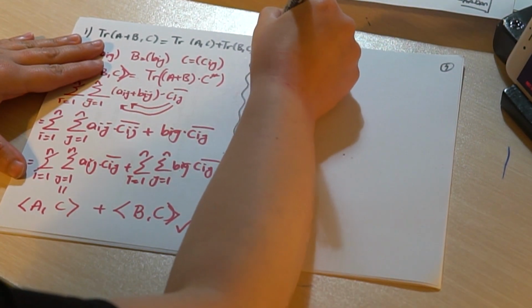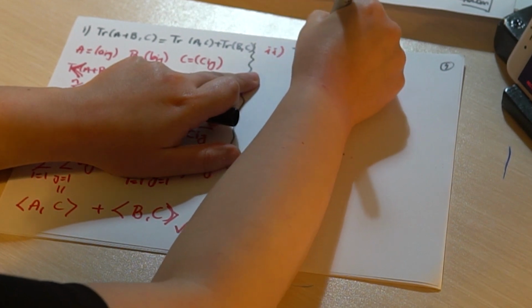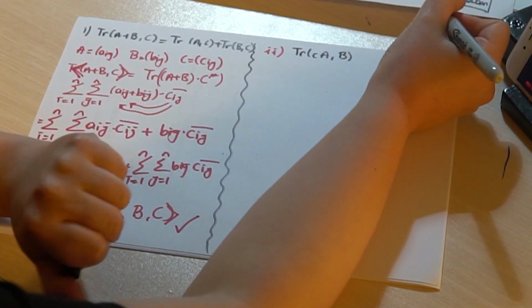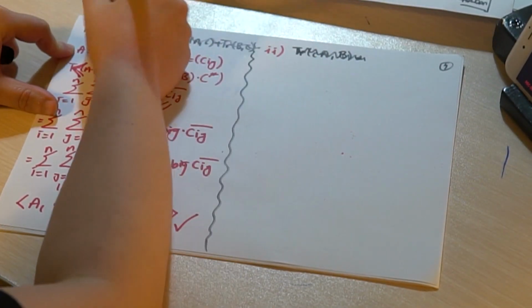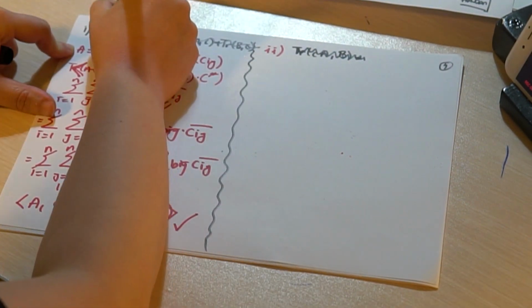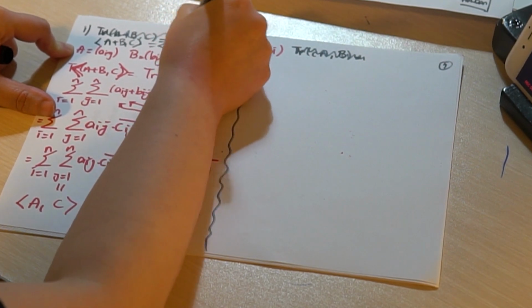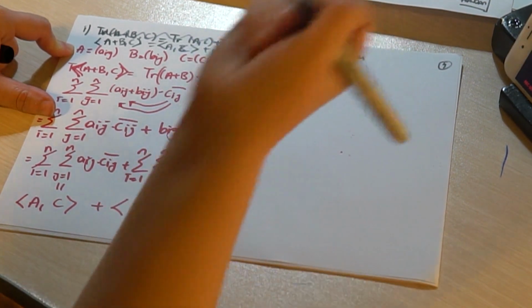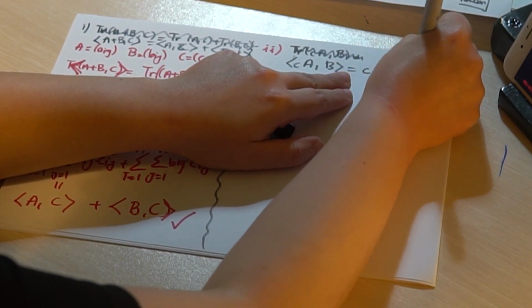Now we need to show the second property, which is about C times A, B. At the first property, we showed that the product of A plus B with C is equal to the product AC plus the product BC, and now for C times AB is equal to C times the product AB.